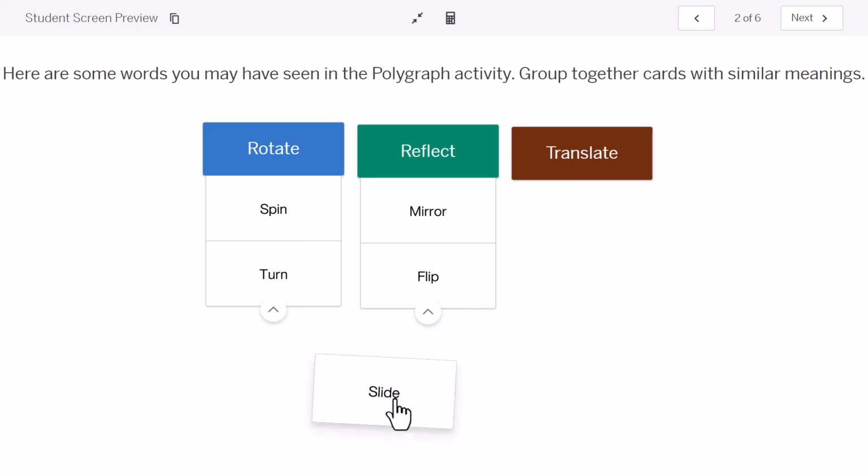Which just leaves one thing for translating, sliding. Sneak it in there. So instead of these more informal words, we're going to get used to saying rotate, reflect, and translate. In fact, we'll probably try that polygraph activity again, but I'll suggest that you just use those words instead of these more informal words.